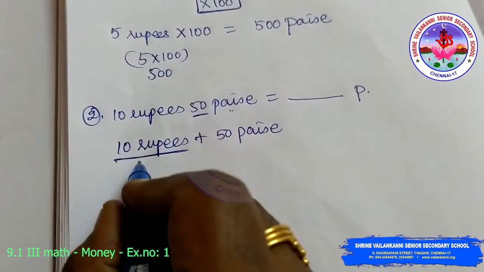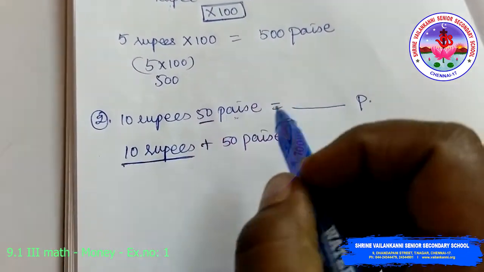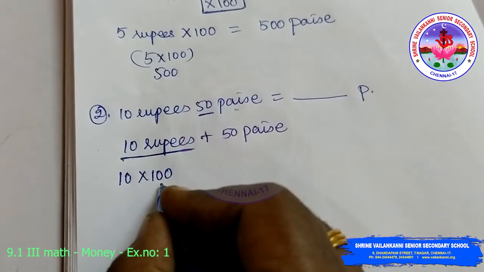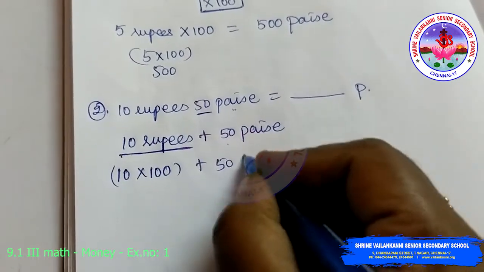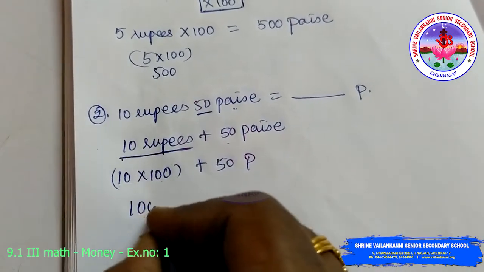To convert rupees to pies, I told you, you have to multiply by 100. So this 10 has to be multiplied with 100. Then you have to add this 50 pies. 10 into 100, you will get 1000.